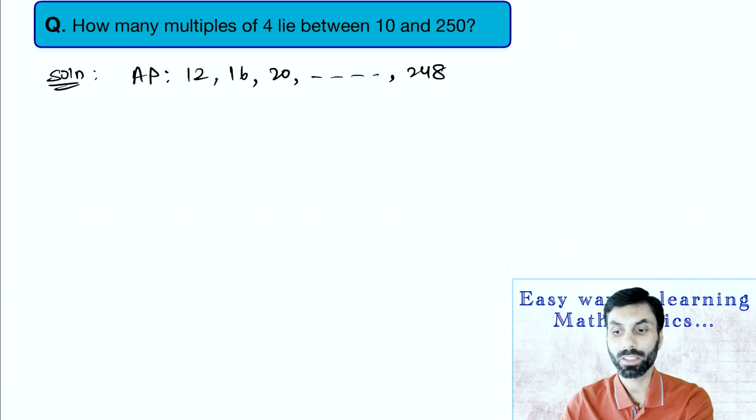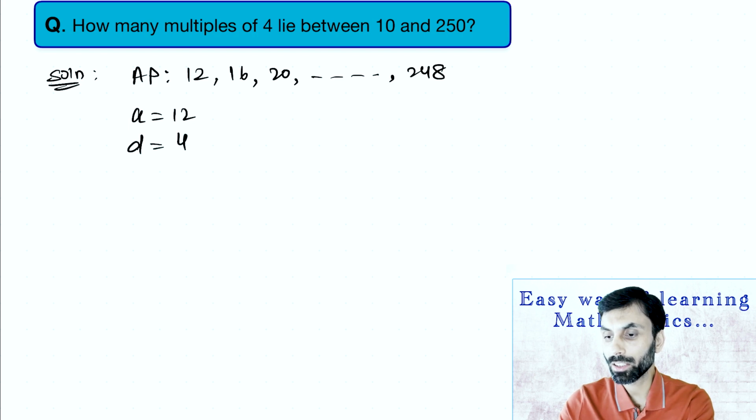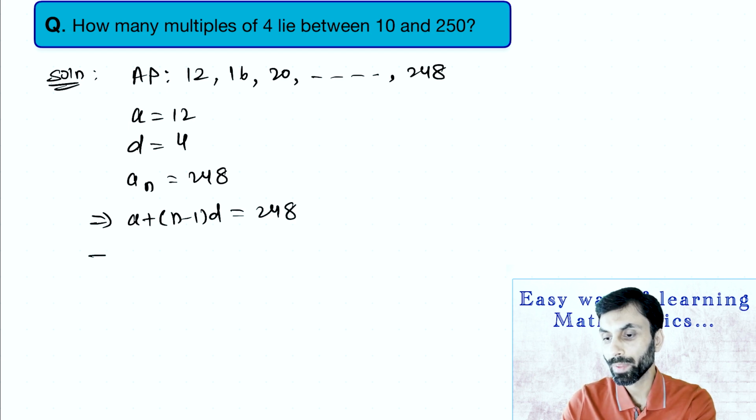Now as we have the sequence, we have a equals 12, common difference is 4, and the nth term is 248. We have to find out how many multiples of 4 lie between these two numbers. So we'll substitute into the formula an = a + (n minus 1) d, which is 248. The value of a is 12 plus (n minus 1), common difference is 4, equals 248.